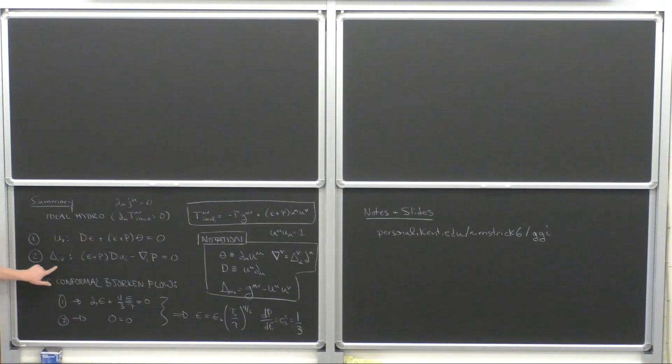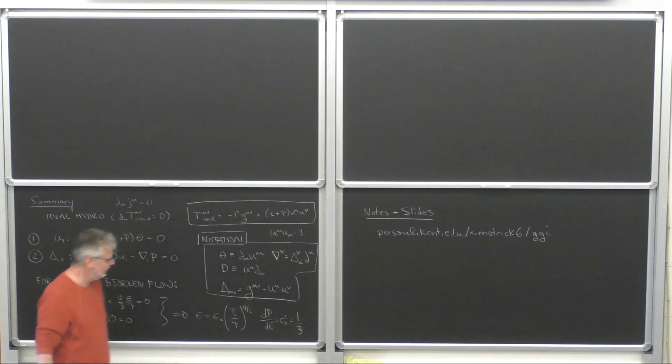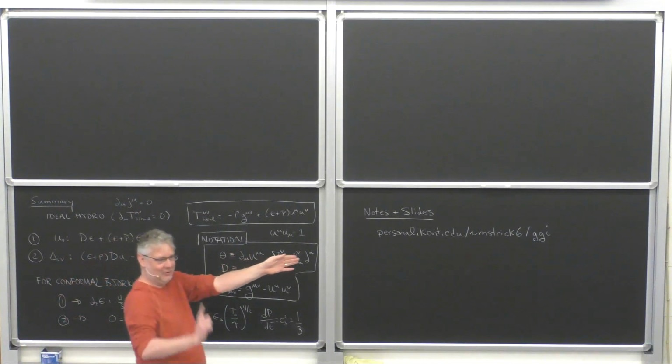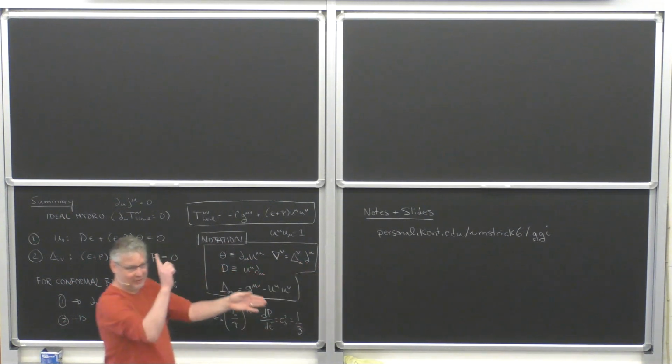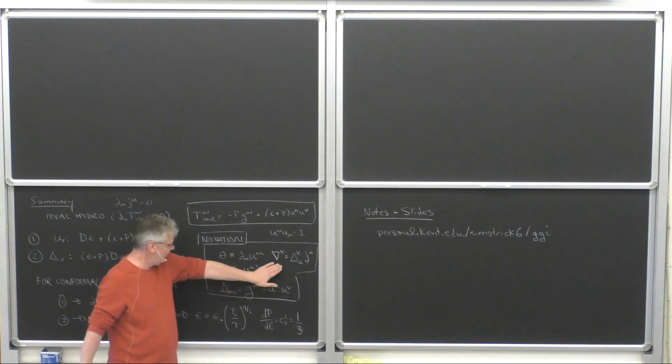And then projecting with this transverse projector, which projects vectors orthogonal to the fluid flow velocity. So if your fluid's flowing this way, you're projecting things transversely, and you can define derivatives transverse to the flow and so on. This is the derivative transverse to the flow.